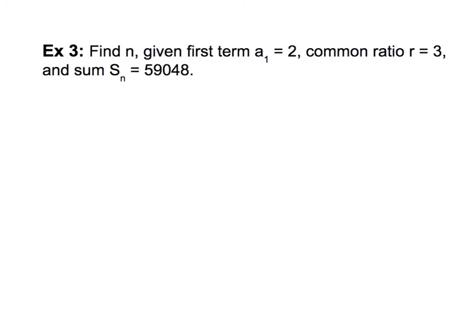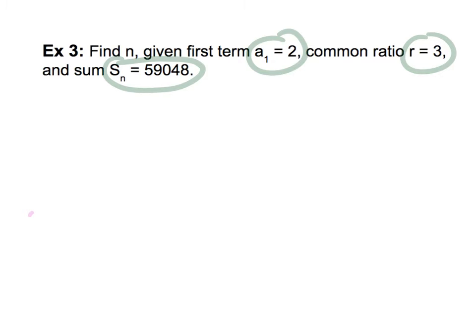All right, so in this example, we've done solving the sum, we've done solving the first term. Now we're going to be talking about how you can find the n in your formula. So let's say you have everything else. Notice how you have the first term, the common ratio, and the sum.